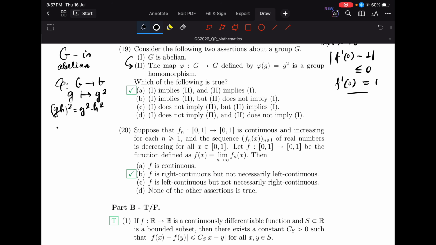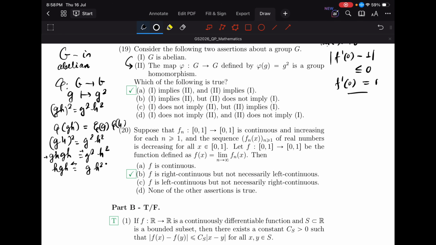And if phi from G to G, g to g square, is a group homomorphism, that means phi(gh) equals phi(g) times phi(h), which is (gh) whole square equals g square h square, and (gh) whole square is ghgh equals g square h square. So if you left multiply by g inverse, you have hgh equal to g h square, and then right multiply by h inverse, you have hg equal to gh. So 2 implies 1. Yes, 1 implies 2 and 2 implies 1. This is the correct option.